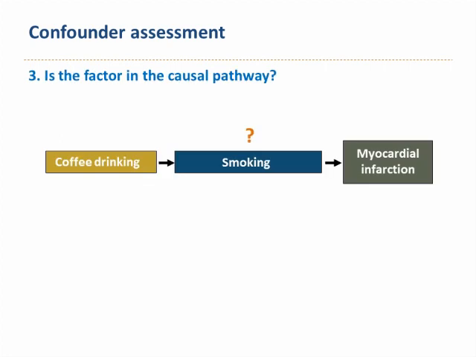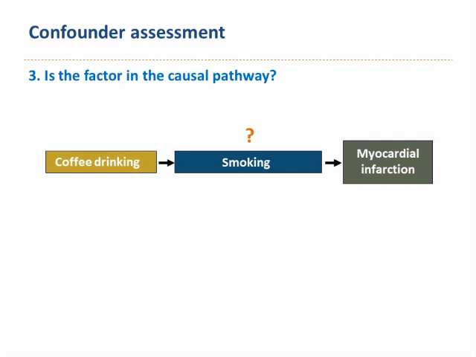Finally, is our potential confounder in the causal pathway? When we think about coffee drinking and myocardial infarction risk, do we think that coffee drinking causes smoking? I think that's probably pretty unlikely.